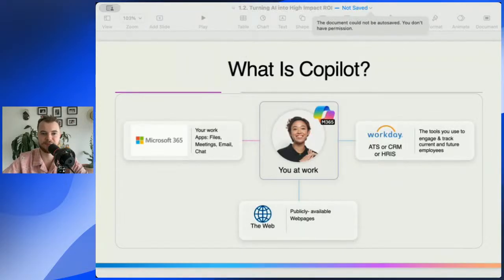I want to just spotlight a couple of comments I got before moving on. So I asked all the attendees what stage they are at with integrating Copilot, and results were interesting. 50% of respondees, so 50% of people that signed up to this webinar, said that they're experimenting with Copilot, and then 50% said it's fully integrated.